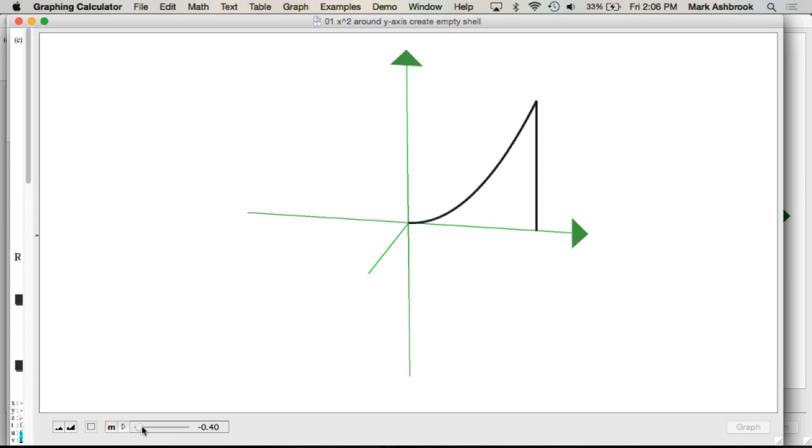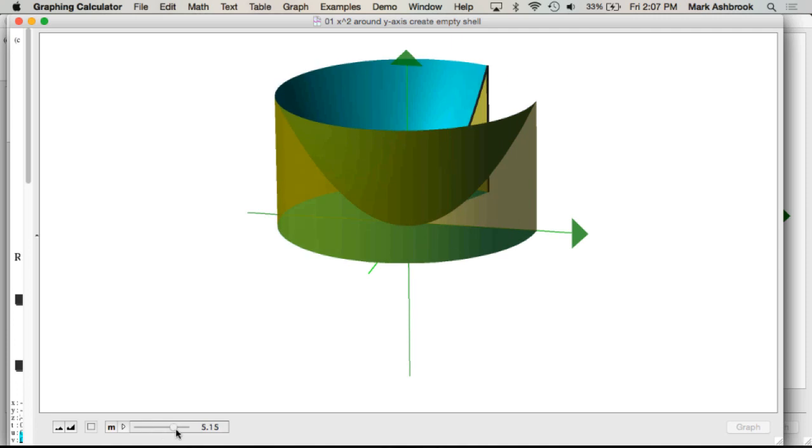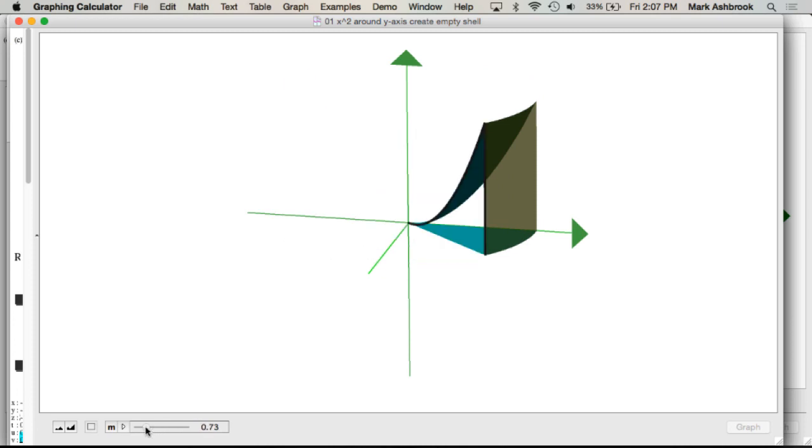So here's a visual of that. We're going to rotate that around, and we're going to get this shell. Let's unrotate a little bit. But where's the shell? Do you see the bowl part that's formed by the x squared? Is the shell that we're talking about above or below the bowl?